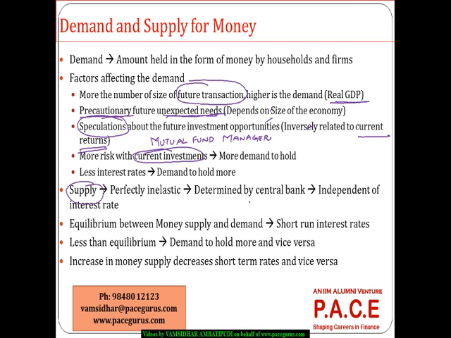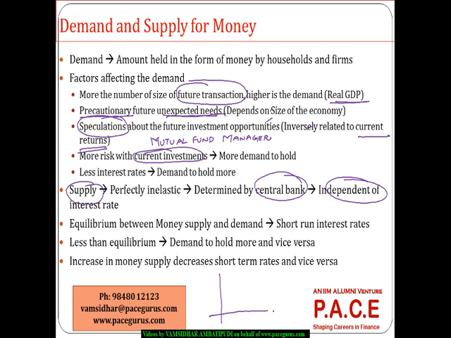the supply of money is typically done by the central bank. It is the sole independent authority to supply the money into the banking system or into the economy. So it determines how much to supply, and one thing is it is completely independent of the interest rate.